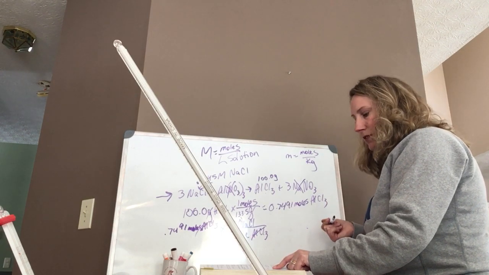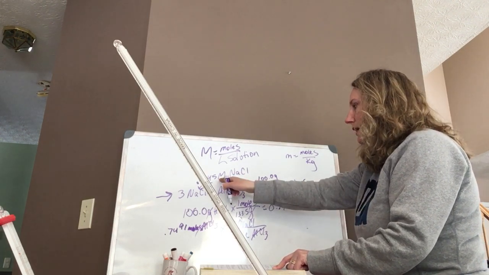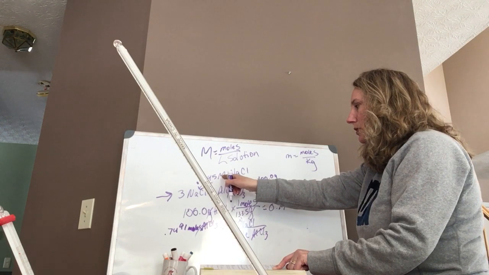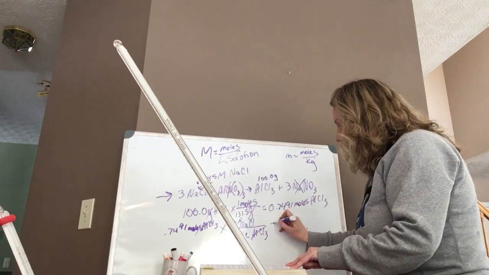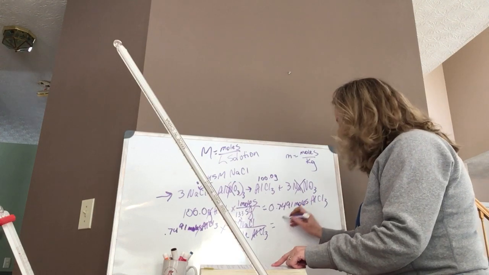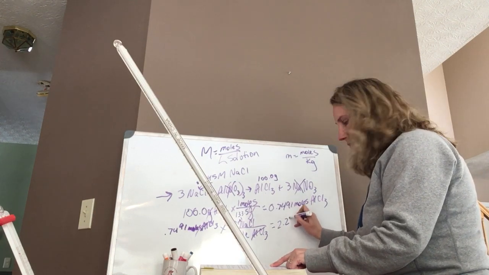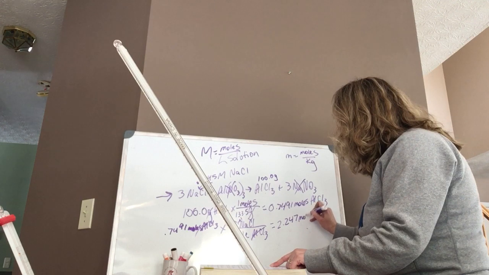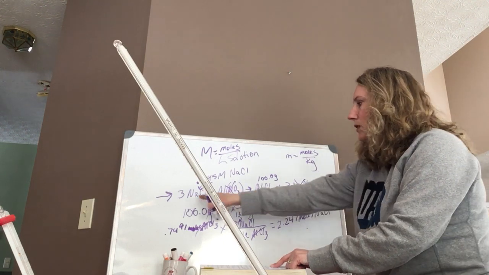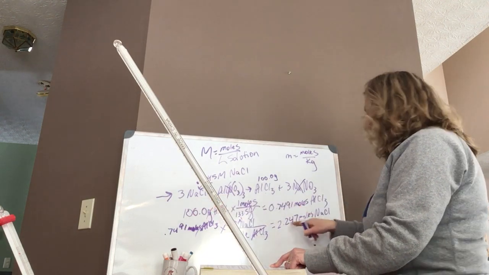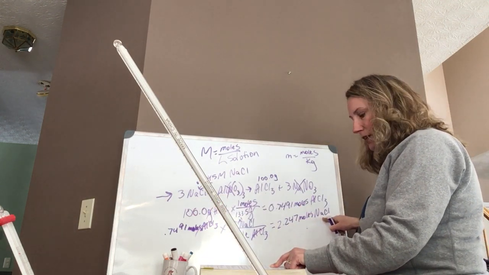But I don't want moles of NaCl. I need to know how many moles per liter I have. So that gives me 2.247 moles of NaCl. So now I'm here. I know I'll get 2.247 of them.